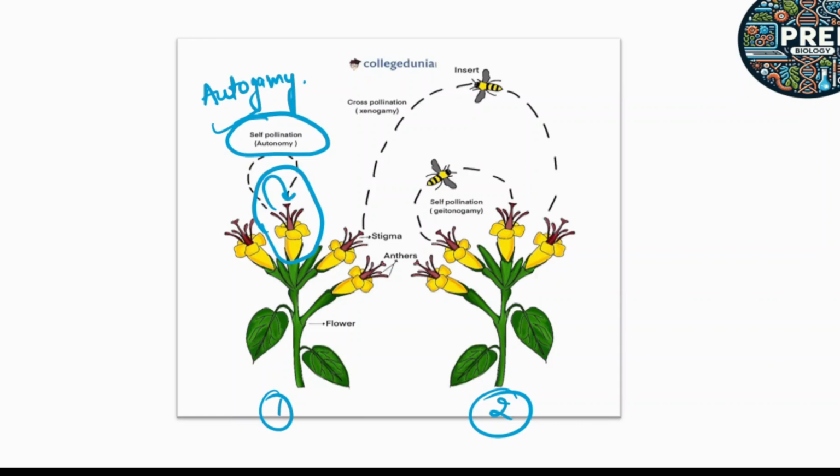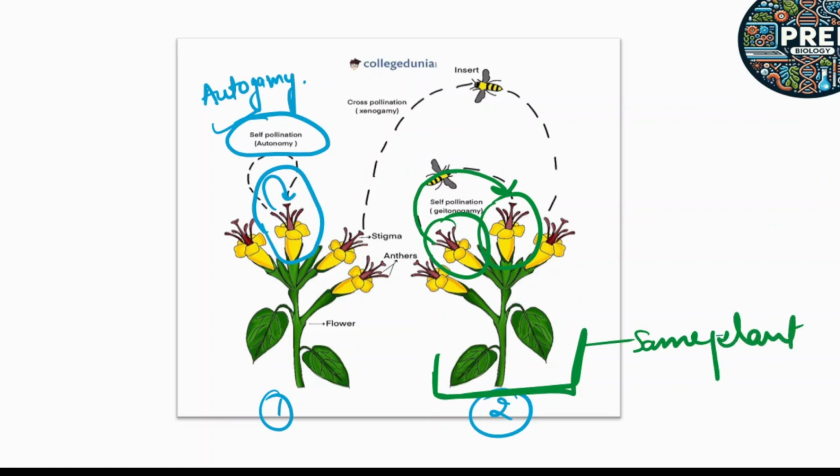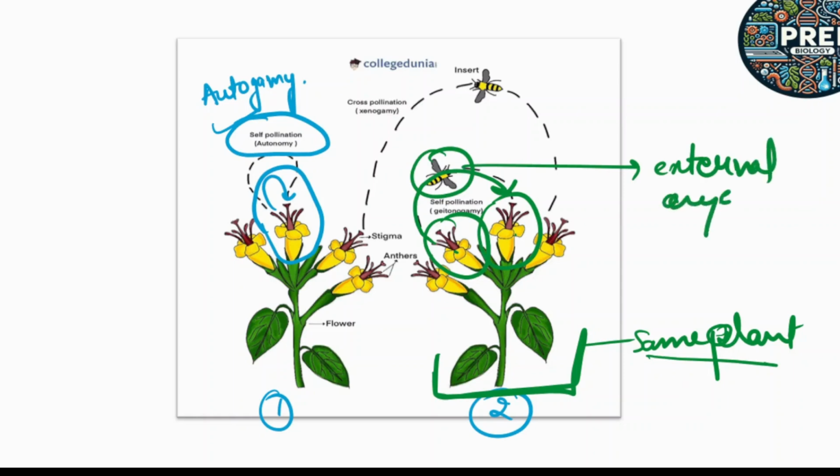Okay, now the next condition is if the transfer of the pollen from anther to the stigma of another flower of the same plant, this is the same plant, and the transfer occurs from one flower to another flower within the same plant by an external agency, that process is called Geitonogamy. I hope the difference between the two terms, autogamy and Geitonogamy, is clear to you all.